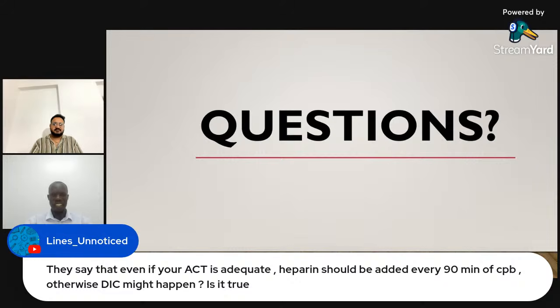So I can't comment on this. I think the main thing is maintaining the ACT. Not just giving heparin after every 90 minutes, but if the ACT is low, we can give it before 90 minutes, or within 30 minutes also, if we notice that the ACT is not adequate.